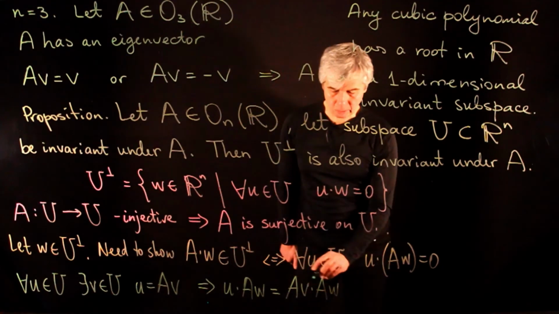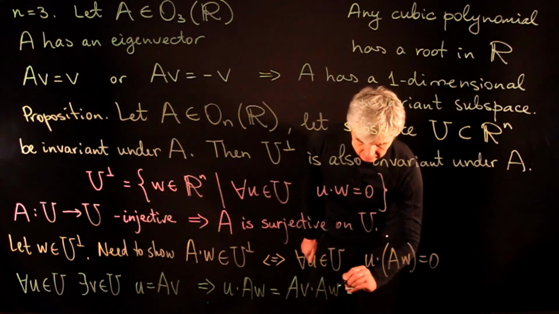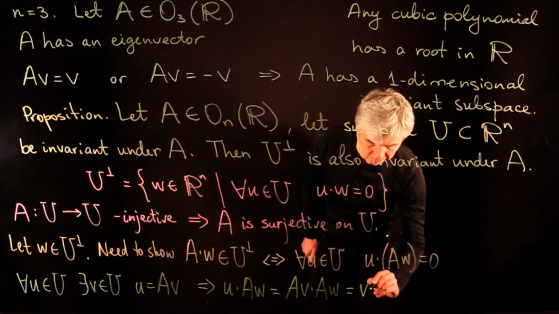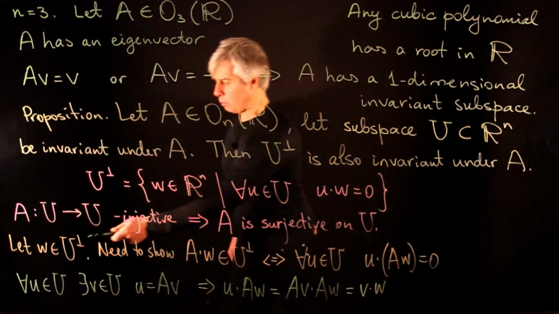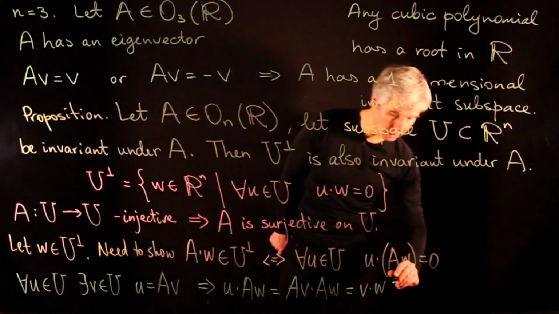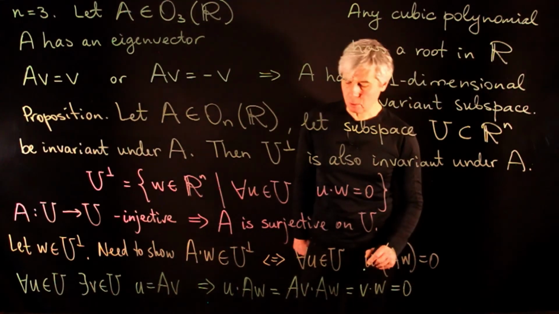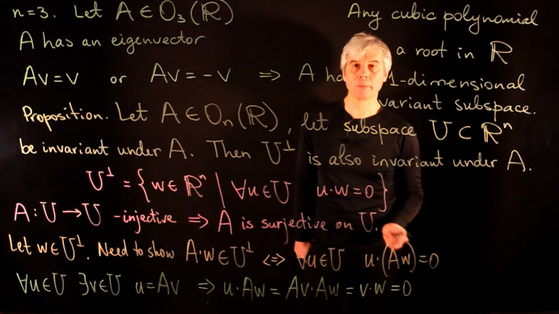And A is an orthogonal transformation, it preserves the dot product. So this is equal to the dot product of V with W. But W belongs to U perp, and V belongs to U. So this dot product is equal to 0, and we proved that indeed AW also belongs to U perp.